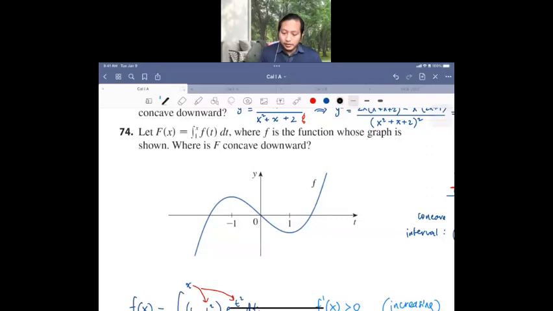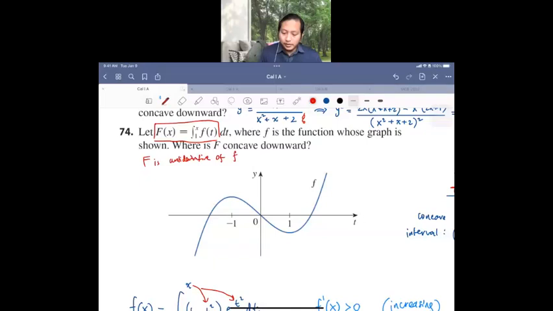If the function is capital F, it means that the capital F is the integral of the small f. Or we can say capital F is the antiderivative of the small f, right?